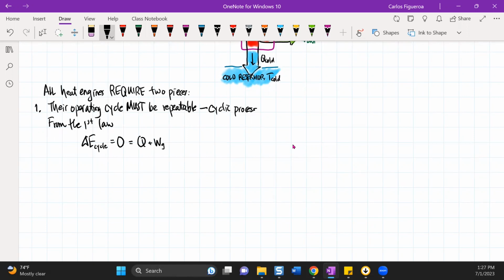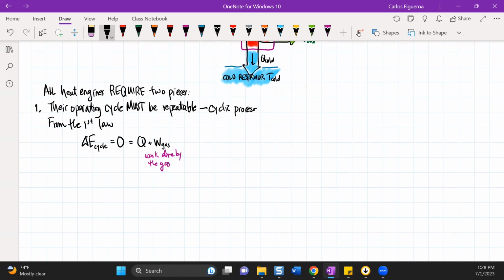This is the work of the gas, right? We added a minus sign. So once again, this is the work done by the gas. We are not interested in the gas anymore. We're talking about work that is being pulled out of the piston or being pulled out of the engine.